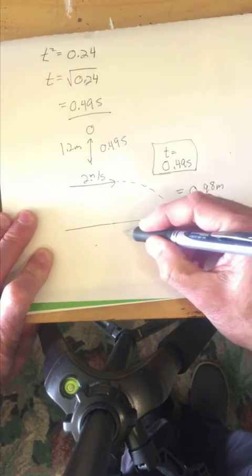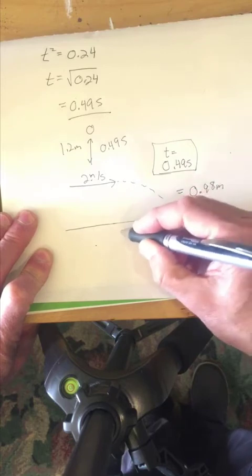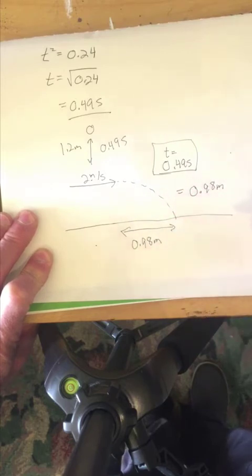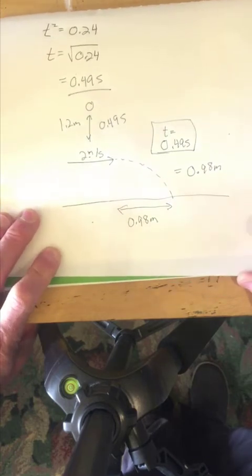It's going to have moved a distance of almost 1 meter during that time that it falls. All right, so we have a way now of figuring out where an object that's launched horizontally will land, how far it'll land from the starting point. You could do this for any object projected from any height if it's projected horizontally.